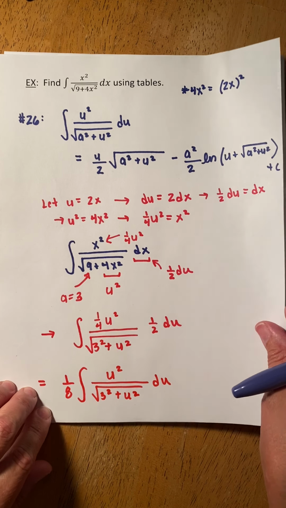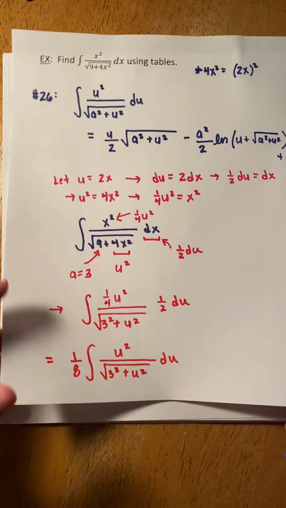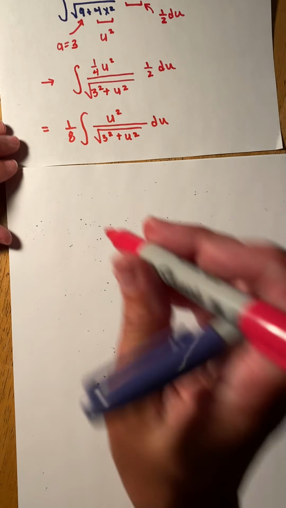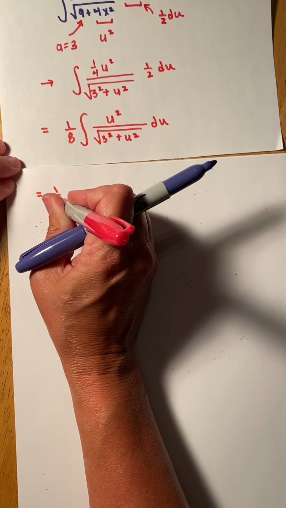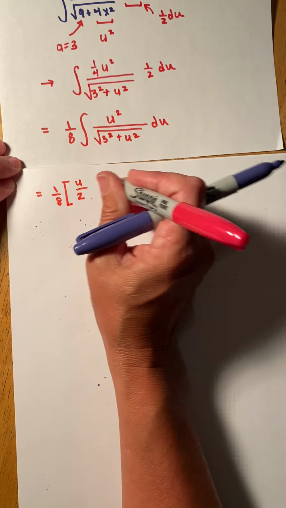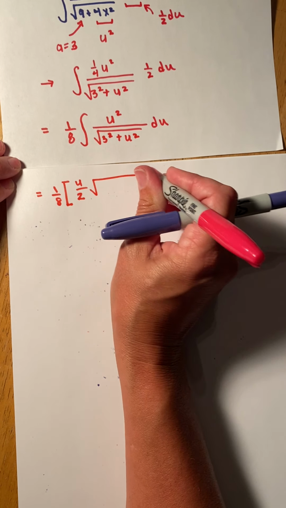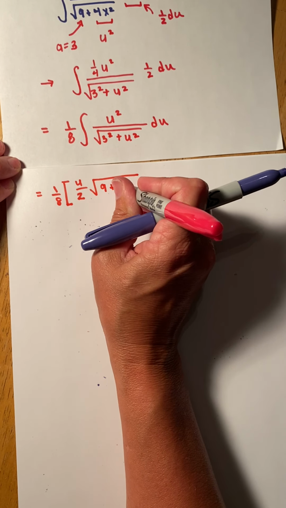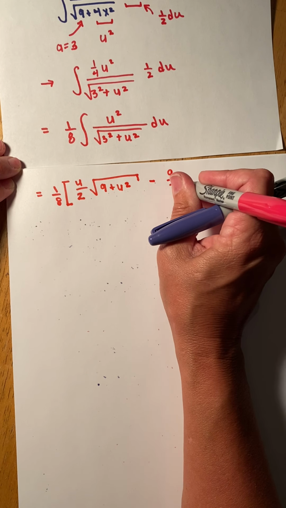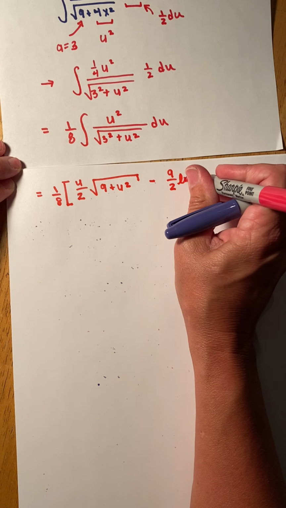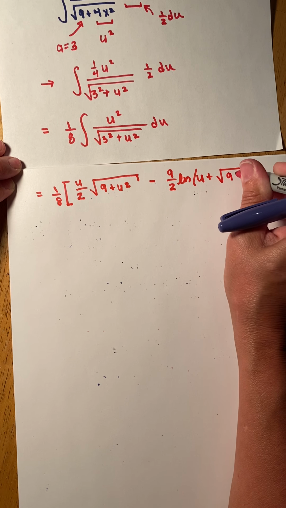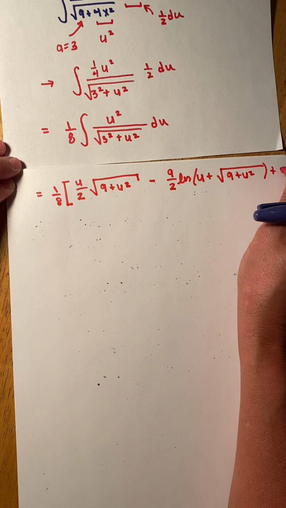So now I put everything together. Let's see if I can write it all down. So I integrate that, I'm going to get 1/8 times u over 2 times the square root, well, a, that's going to be 9 plus u squared, minus a squared, which is 9 over 2, the natural log of u plus the square root of 9 plus u squared, plus c.